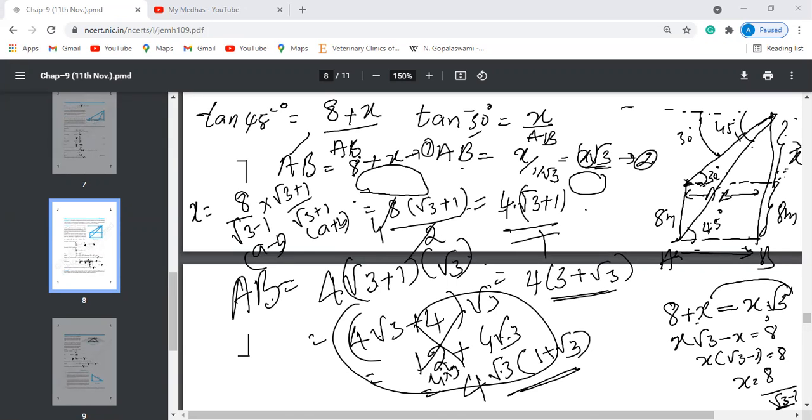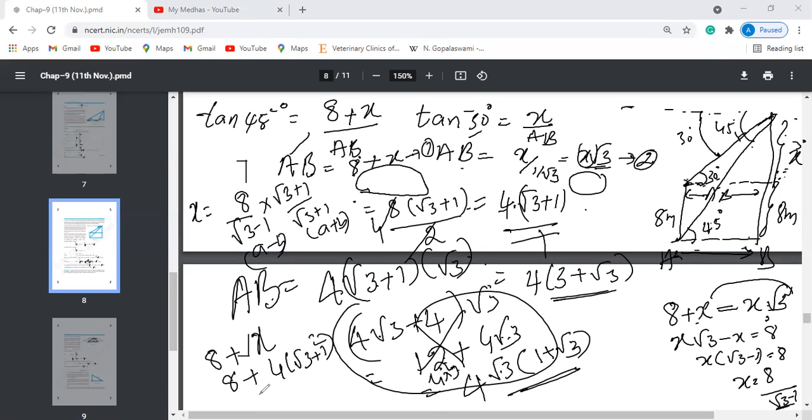Now we have found out x, right? But they have asked the total height of the building, correct? We have only 8. We know 8 plus x will give the whole building height, correct? So 8 plus x, so what we have got? We have got 4 root 3 plus 1, correct?